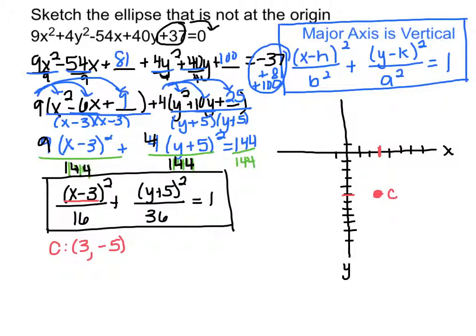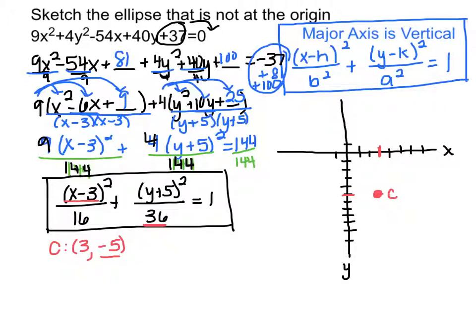The next piece I like to do is underline the largest value on the bottom. This is going to determine my major axis. Since my major axis, which is the longer one, falls under the y, I'm going to also underline the y value of the center, because that's what I'm going to change to plot my vertices.